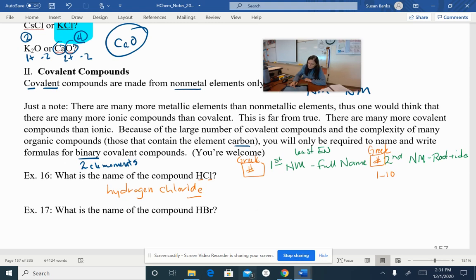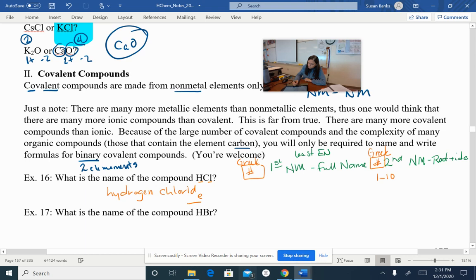So what would be the name of HBr? Hopefully you said hydrogen bromide. Okay, so it's very much like how we named the ionic compounds. We use the first full name, then we take the second element and we take the root of it and we add on ide. But then what happens here?